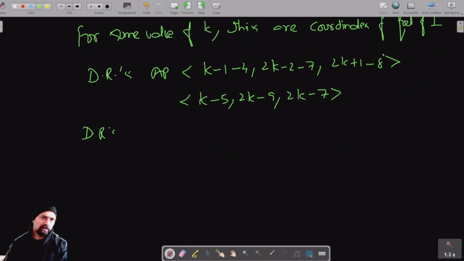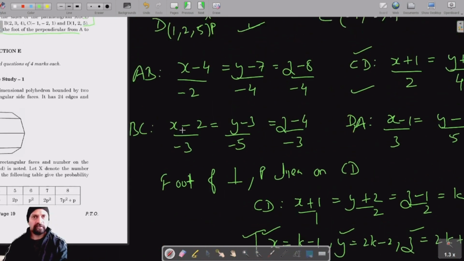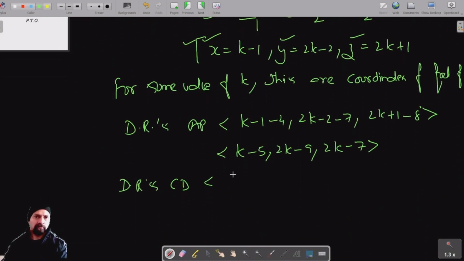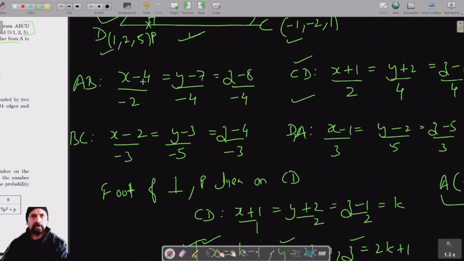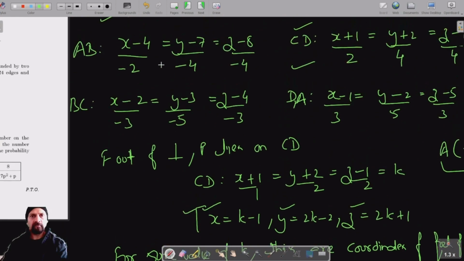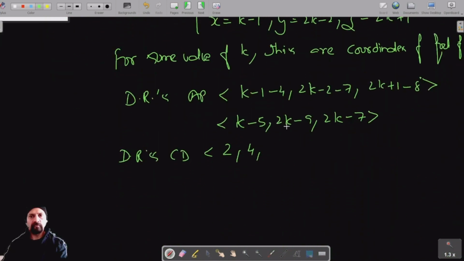Similarly, we can get the direction ratios of CD. The direction ratios of CD are 2, and 2 minus of minus 2 is 4, 5 minus 1 is 4.